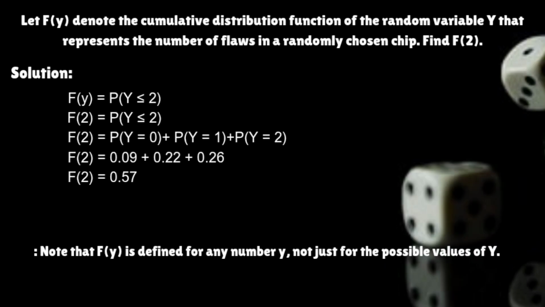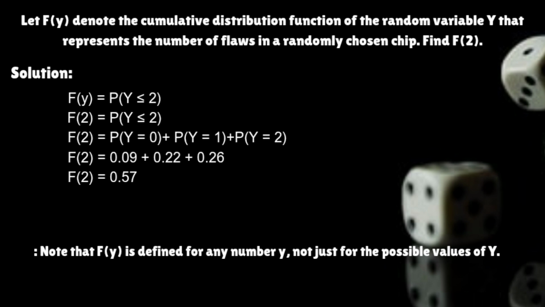So let F(y) denote the cumulative distribution function of the random variable Y that represents the number of flaws in a randomly chosen wire. Find F(2). Since F(2) equals the probability of Y less than or equal to 2, we need to find the probability of Y less than or equal to 2.